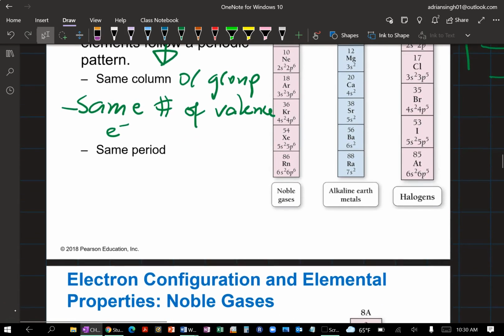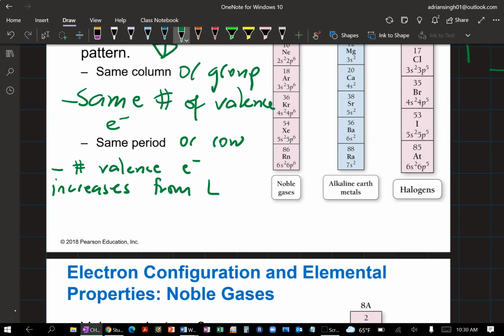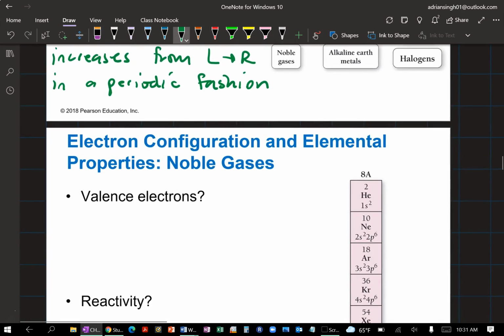And when we look at the elements that belong to the same period, remember period is the row, what we're going to see is that the number of valence electrons increases from left to right across the table in a periodic fashion or in a predictable fashion. All right, we're going to take a look at some of these examples here in a little bit.